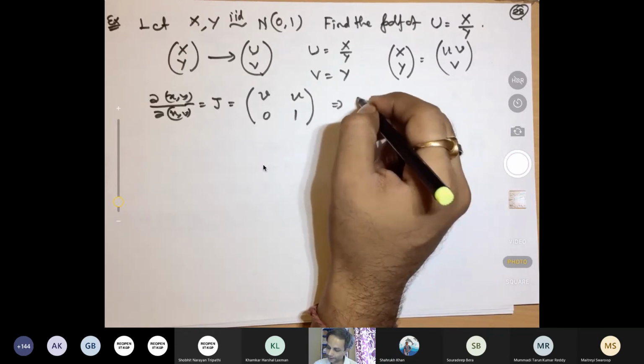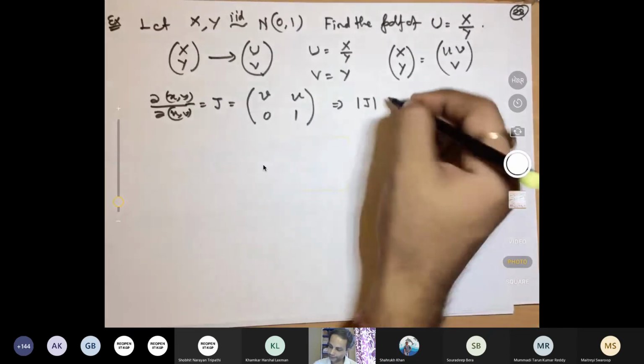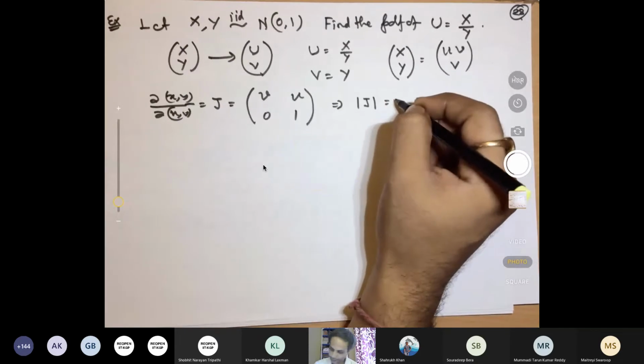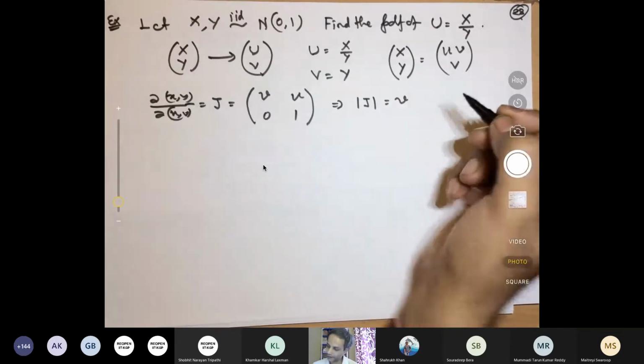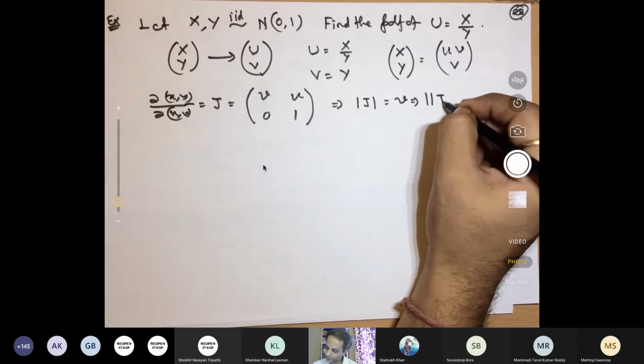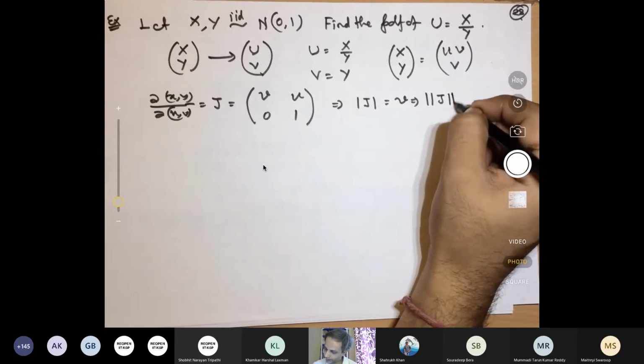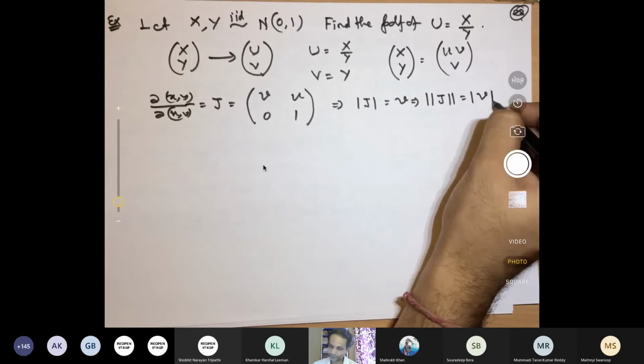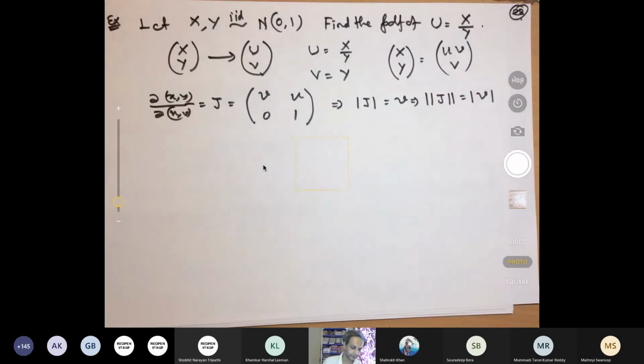This implies the determinant of J is v, and the absolute value of the determinant of J is mod of v.